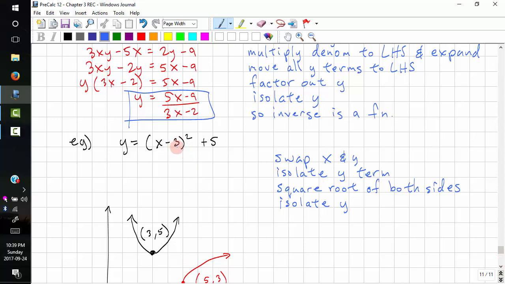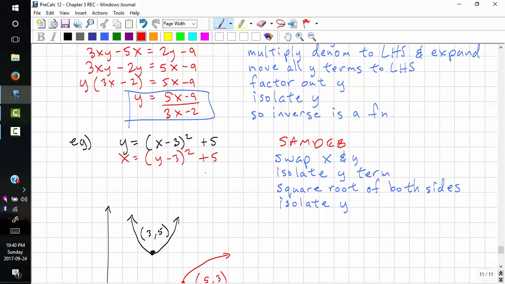Let's look at an example with a quadratic. We still need to swap x and y. So the algebra is a little bit different here. We have to move the plus 5 over to the other side. The way we solve for things in algebra, in case you didn't know, is we do BEDMAS backwards. So that's SAMDEB.